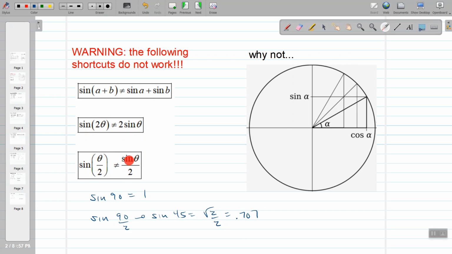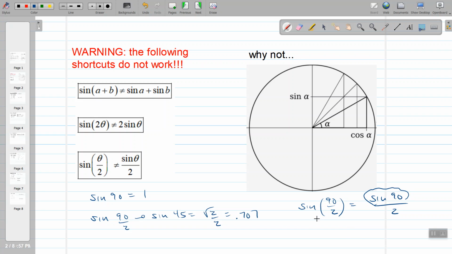If this was true, then what you're saying is if I take sine of 90 over 2, that's going to be the same as sine of 90, whatever this is, divided by 2.